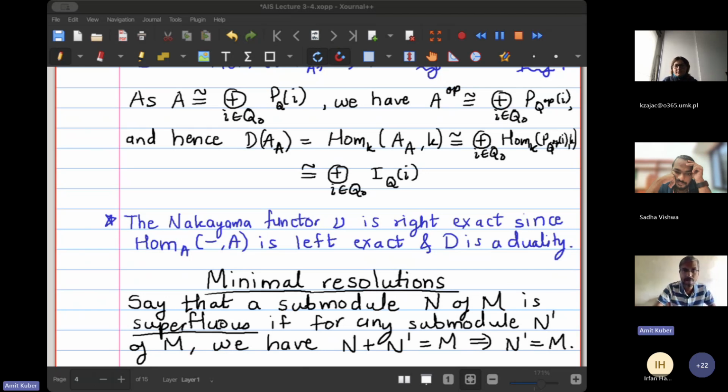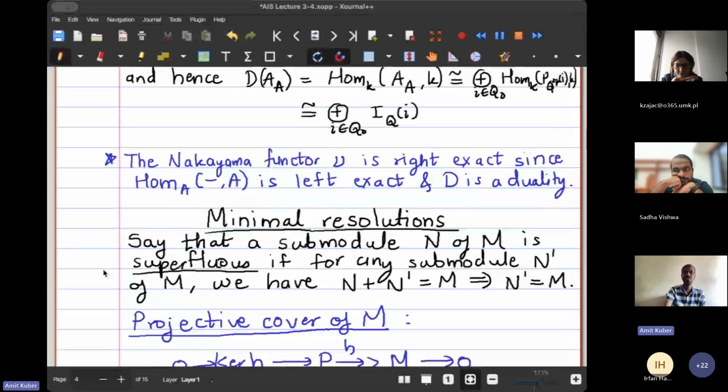However, Isha also mentioned that many times, if you think about what projective module surjects onto your given module, the most natural choice will turn out to be a minimal choice. It will be the minimal projective module which covers it. So this is the definition of projective cover. Dually, it's the injective envelope.